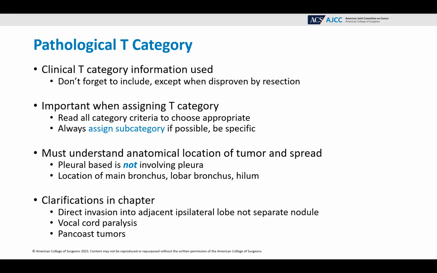And there are many clarifications in the chapter that can really help the registrars. There's discussion of direct invasion into an adjacent ipsilateral lobe not being a separate nodule. Vocal cord paralysis is described, as well as Pancoast tumors and how that affects the staging.